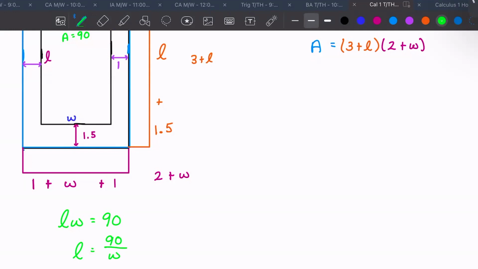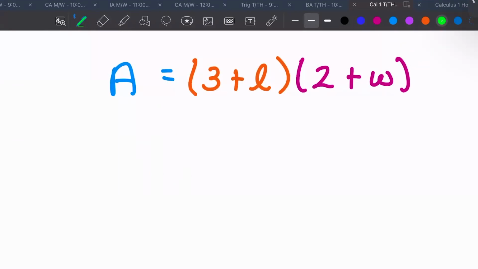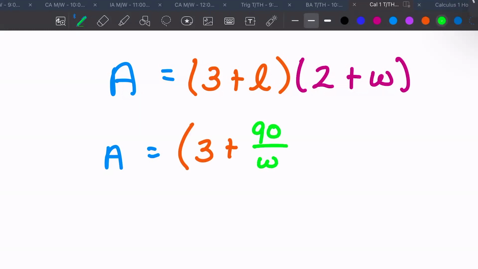So we can go into our equation up there with the blue, orange, and pink and put 90 over W in for L, right? So we can say A equals 3 plus L, which we said was 90 over W, times 2 plus W. Okay.